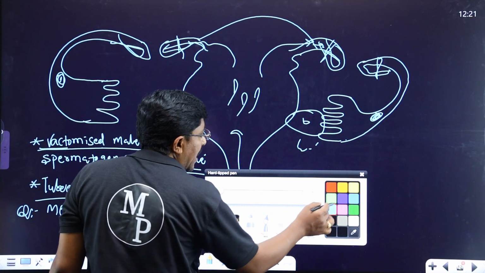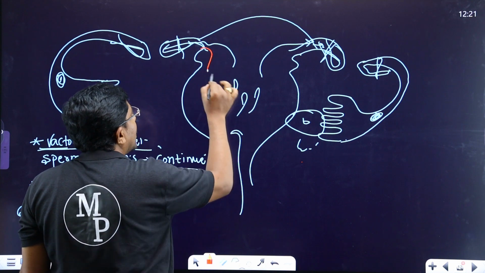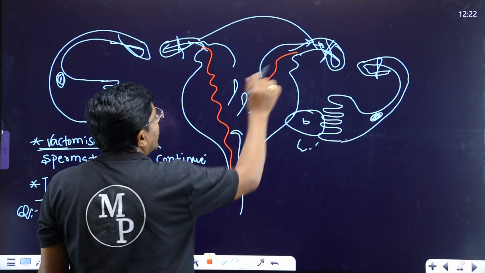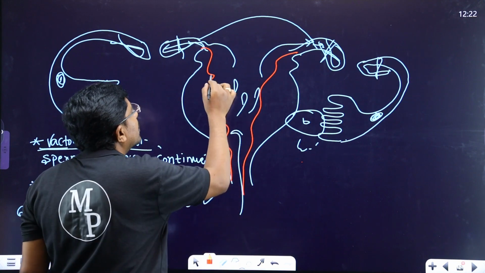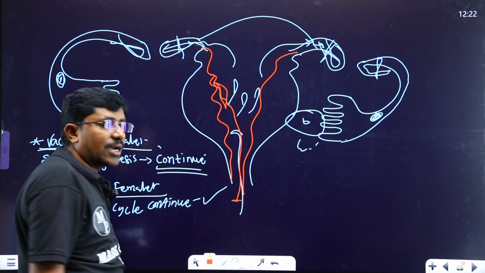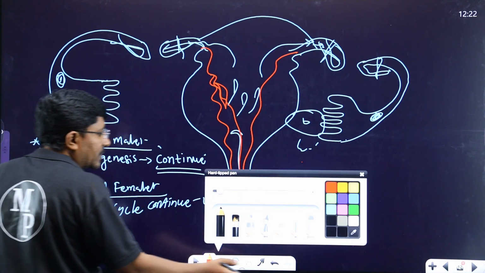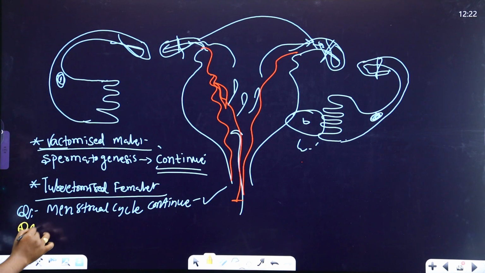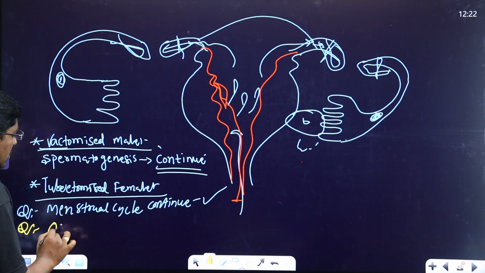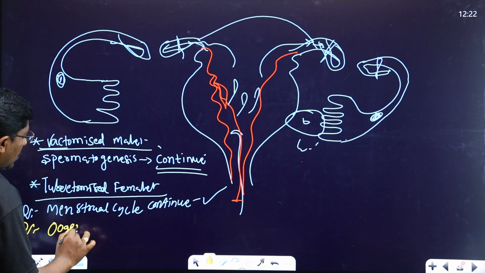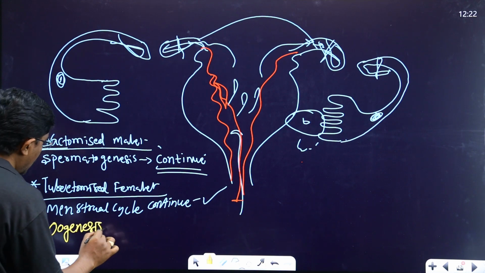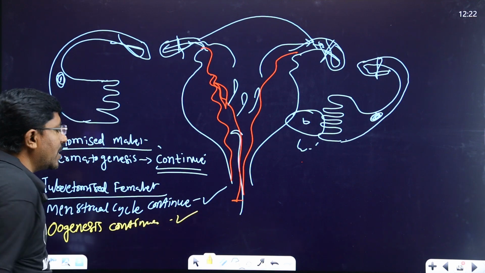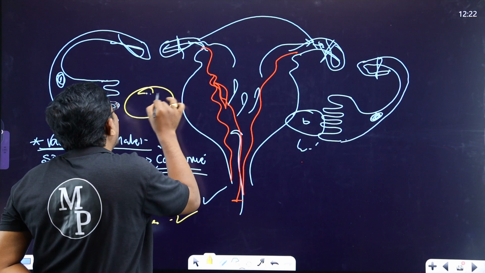The reason is that the endometrium is not disturbed by the tubectomy. That's why the endometrium as usual gets ruptured and the menstrual flow will occur as usual. And the next point: in a tubectomized person, oogenesis continues as usual, because the ovaries are there.